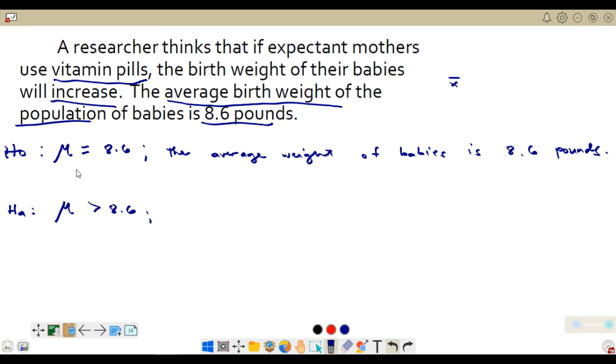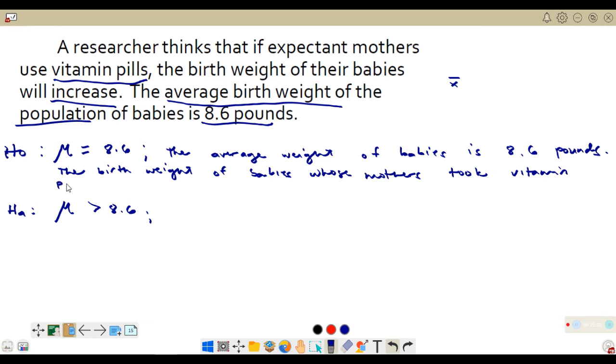Or pwede ka rin maging creative sa context ng problem which is more appropriate. Pwede mo sabihin na the birth weight of babies whose mothers took vitamin pills did not increase from 8.6 pounds. Ayan.